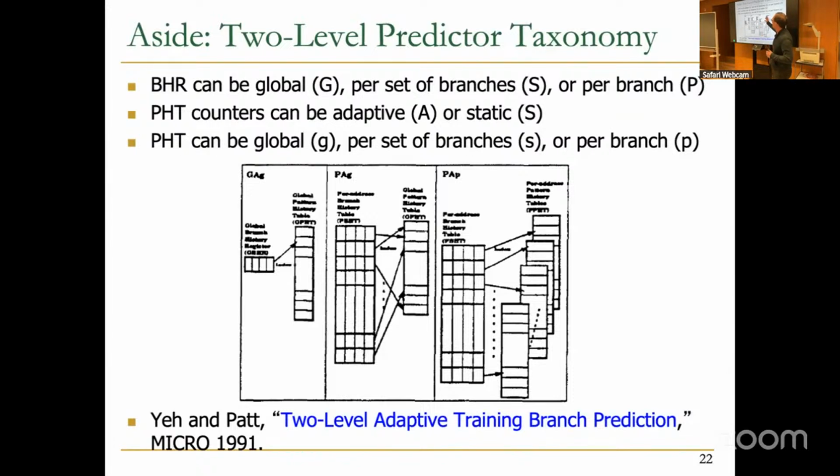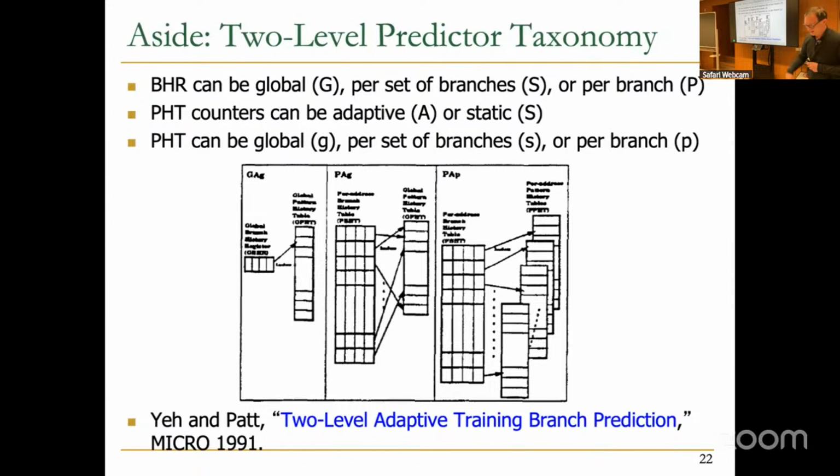So usually what you have is some combination in between. It's usually actually SAs, which is not shown here. You have a per branch history table for a set of branches, and you have a global pattern history table per set of branches. In fact, Pentium Pro was actually per set of branches, I should say. To be really exact, it was GAs. It was not GAg. Make sense?